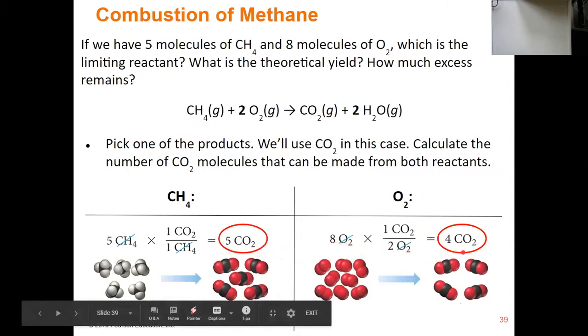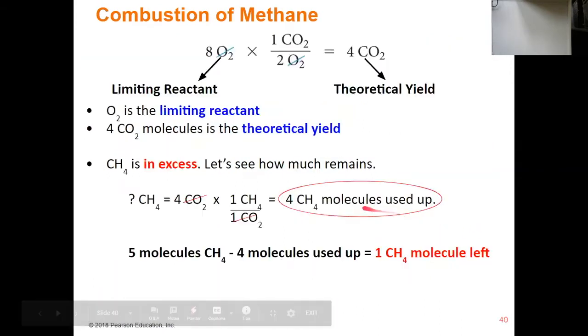The smaller one is the important one. The smaller value is my theoretical yield. So remember that my theoretical yield is always going to be a product value. The reactant that produced the theoretical yield, that is my limiting reactant. Okay? What that means is that my methane must be in excess.